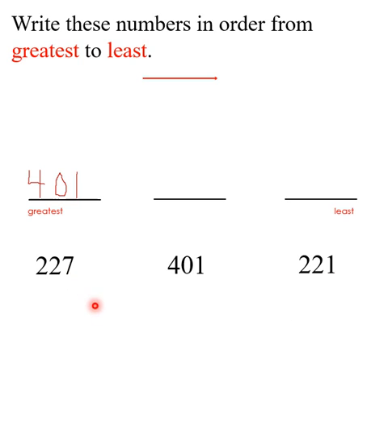So I know 7 is greater than 1, so 227 is going to have to come next. 227 goes on the middle line, and that means our smallest number then is 221. Since 1 is smaller than 7, 221 is the least.